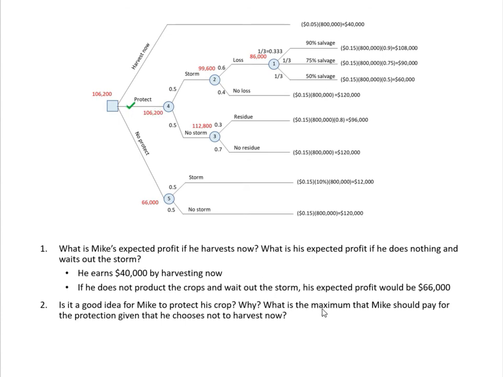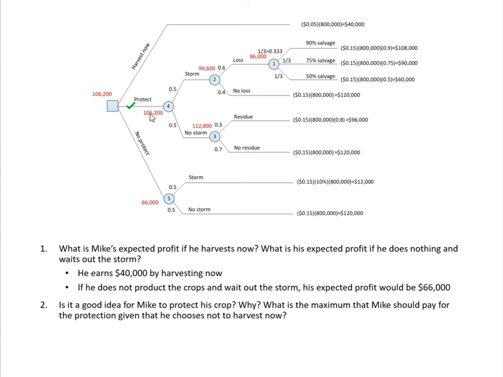What is the max amount that Mike should pay for the protection, given that he chooses not to harvest now? So if he does not choose to harvest, that means he either protects or does not protect. Basically, the value of protection is simply the difference between these two numbers.